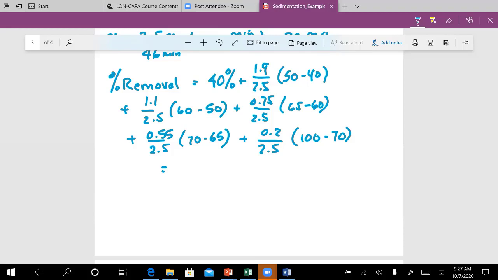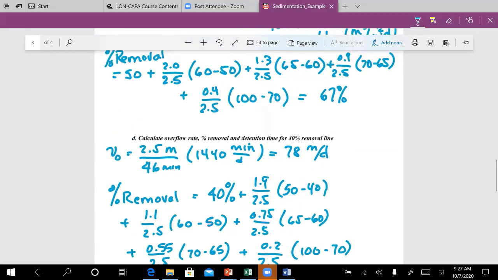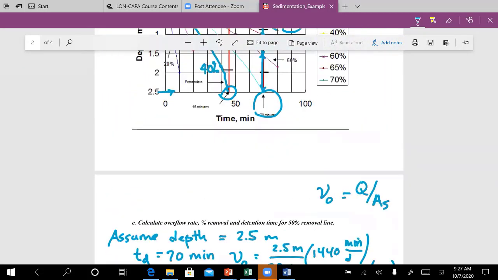And this gives 57%. Okay, so what that says, if we go back here, at a 46-minute detention time, we would get about 47% removal. And at 70 minutes, we achieved 67%.